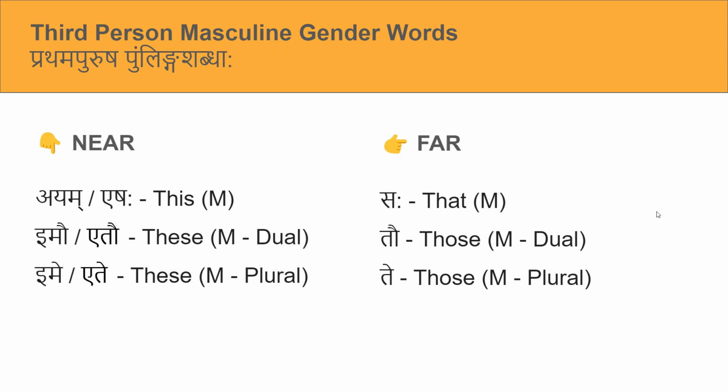All right, as you can see here, I have categorized the pronouns into two here, right? The first set of pronouns are used to refer to things that are very close to you, and the second set of pronouns are used to refer to things that are a little bit away from you.